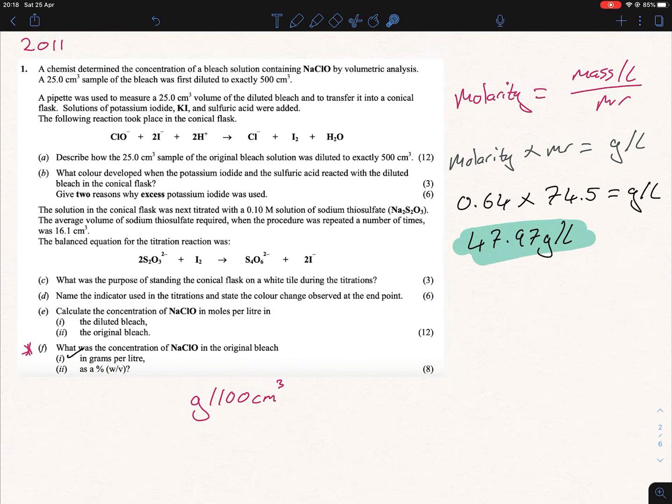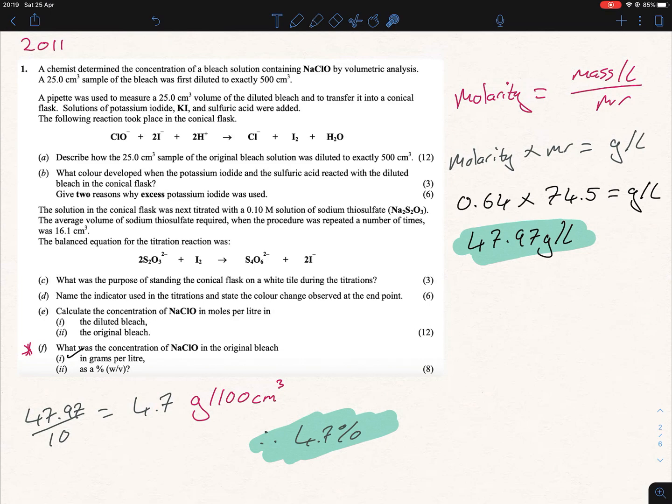It goes in 10 times. So your 47.97, if we divide that by 10, we're going to get 4.7 grams per 100 centimeters cubed. And therefore, we can assume that 4.7% is our answer because we have it out of 100 there. So 4.7% is the final answer here.